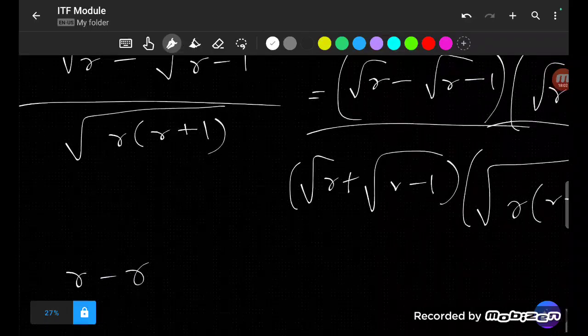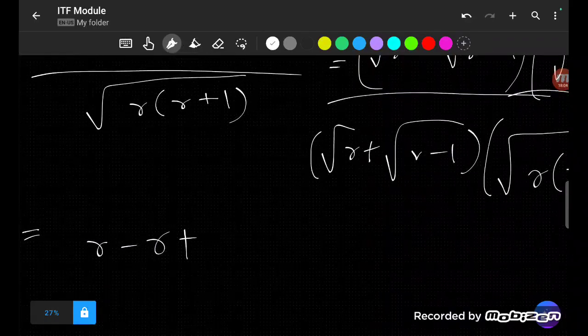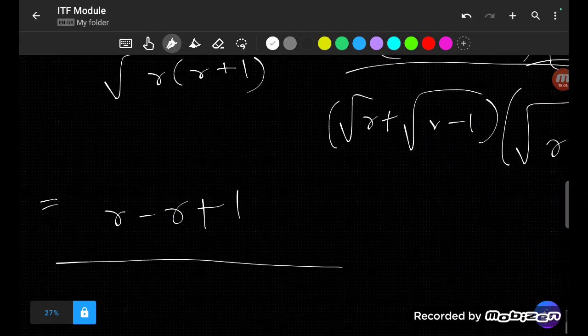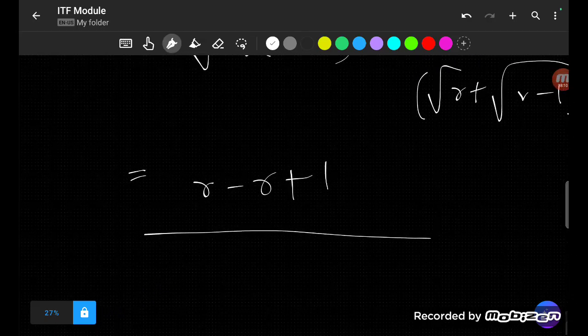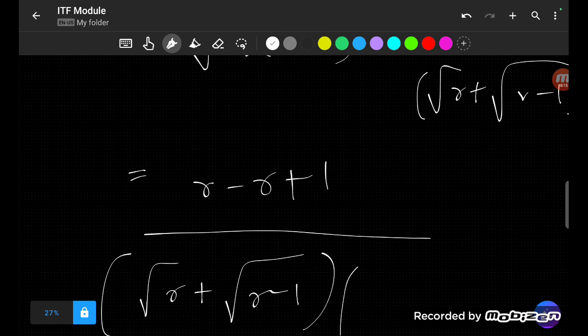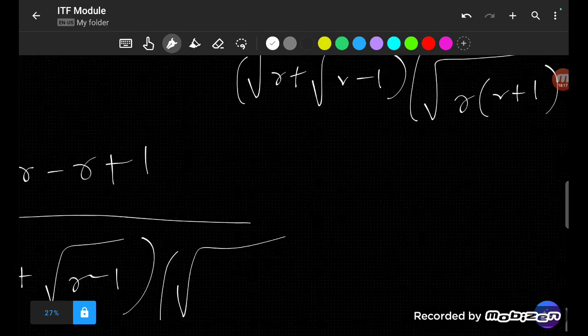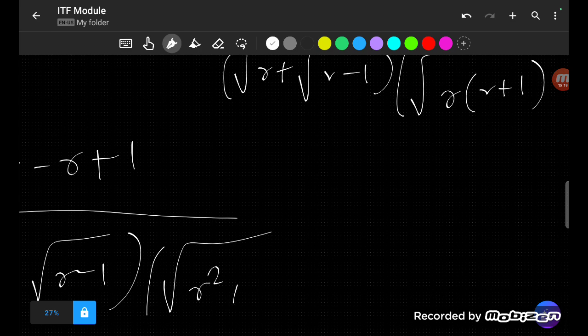R minus r plus 1 upon, we're going to have root r plus root r minus 1 to under root r square plus r.